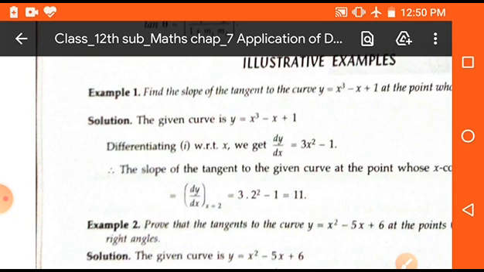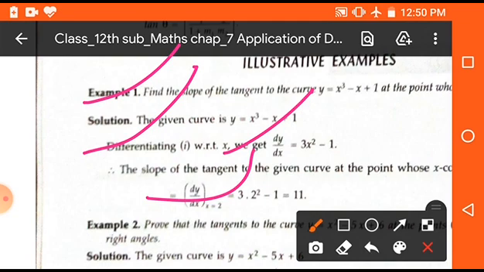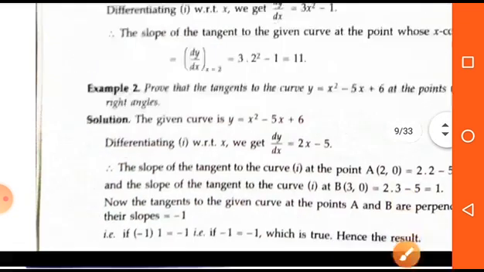Now we have to find the slope, that means only differentiation. Differentiating with respect to x, you will get dy/dx equals 3x square minus 1. Now put x equals 2. So we get 11. So 11 is the required slope of the given function. Clear? Okay.